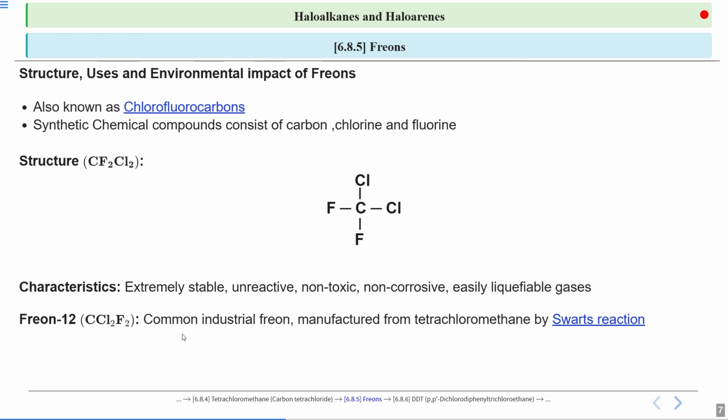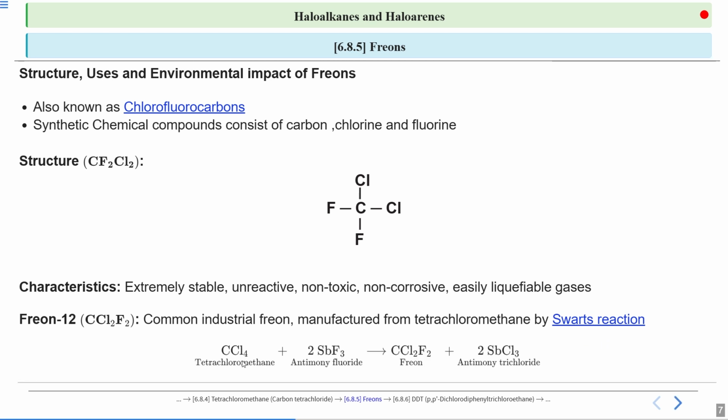What is this reaction? We take tetrachloromethane, a single carbon compound having 4 chlorine atoms. When you react this tetrachloromethane with antimony fluoride, 2 molecules of SbF3, they form freon, that is CCl2F2, plus antimony trichloride, SbCl3, as the byproduct.